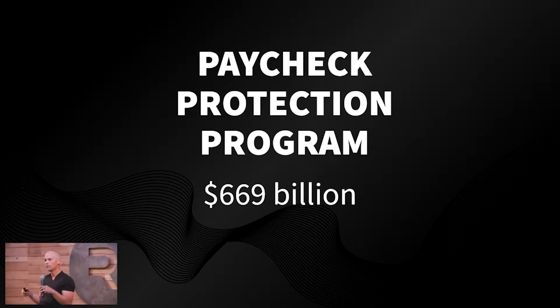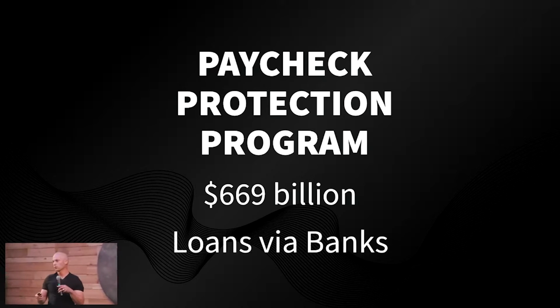The problem is banks aren't very good at just writing checks to businesses. That was not a thing. But what was a thing is they knew how to give loans. So the government chose that vehicle to distribute the money: loans via banks. That's the way the program scaled.